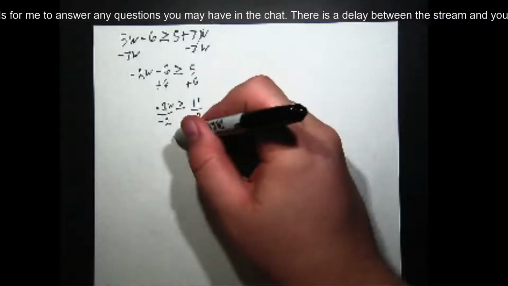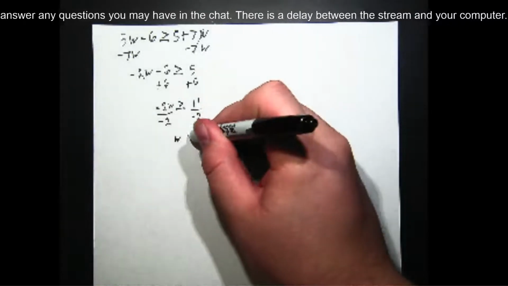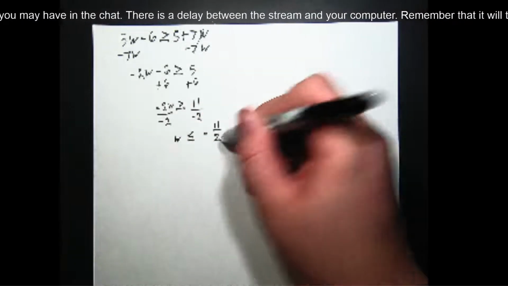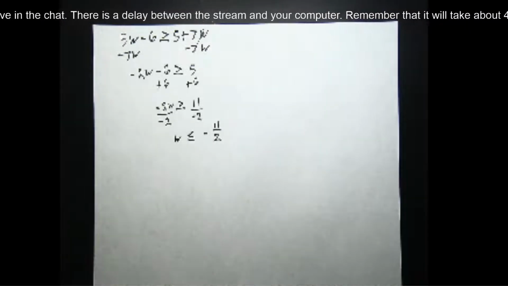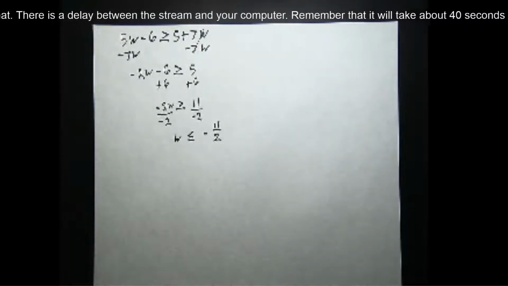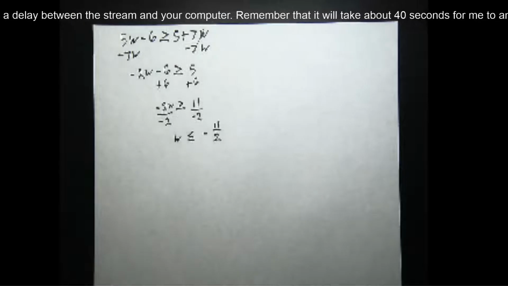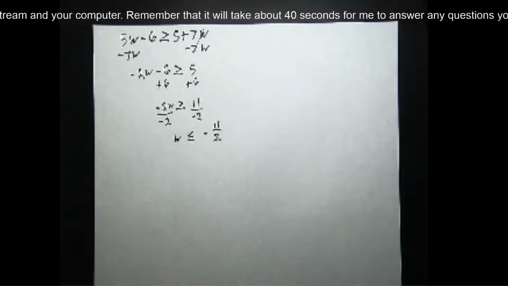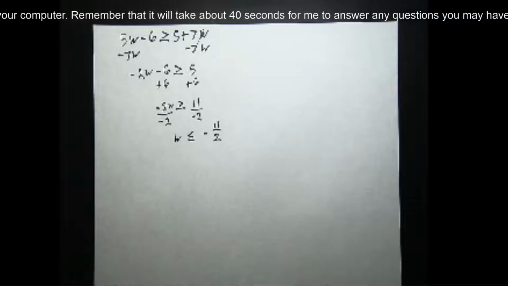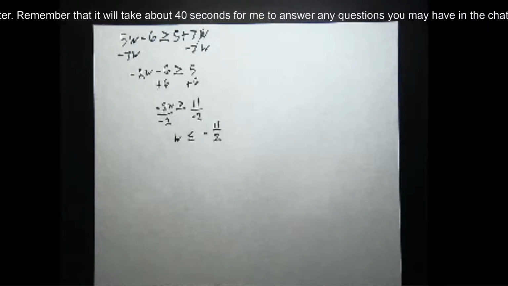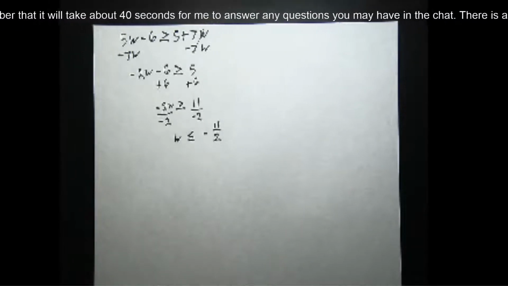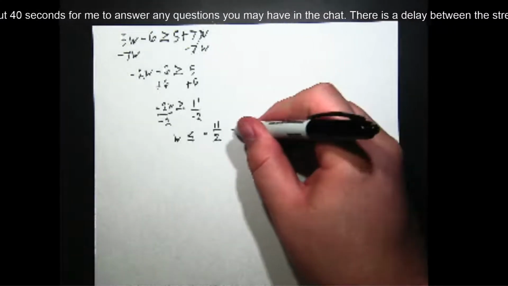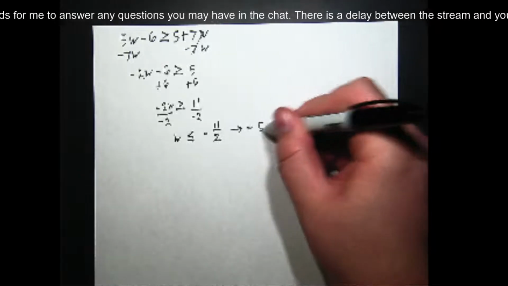So now we have w is less than or equal to negative 11 over 2. Now, for the purposes of graphing this, it's going to be easier if we convert 11 over 2 into a decimal. So, negative 11 over 2 is negative 5.5.